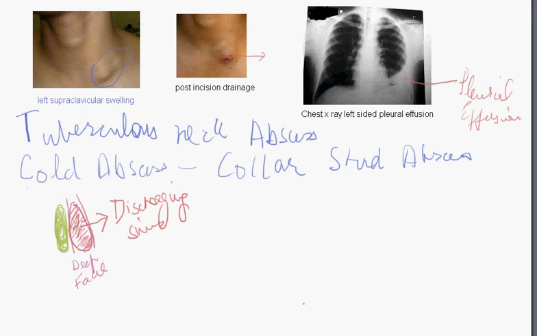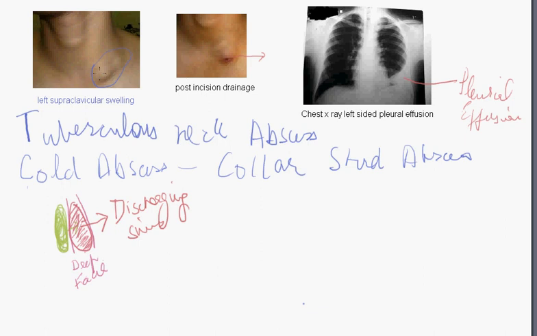The abscess has been incised and drained, but the abscess is not completely gone. There is still some residual collection left behind, and after incision and drainage, the patient had a recurrence of the abscess which drained spontaneously, and then ultimately the swelling disappeared.